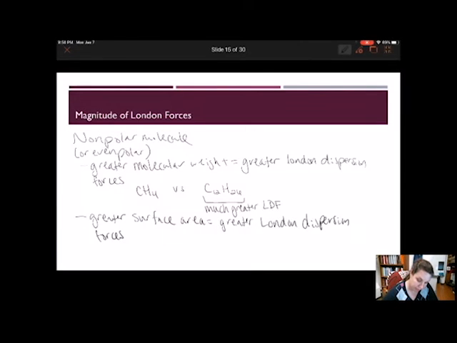Like I said, more interactions between your molecules, and more directionality to the movement of the electrons.